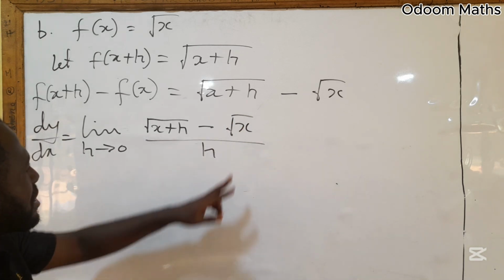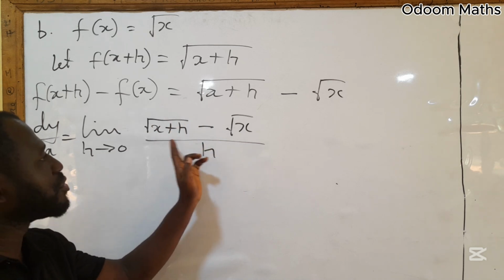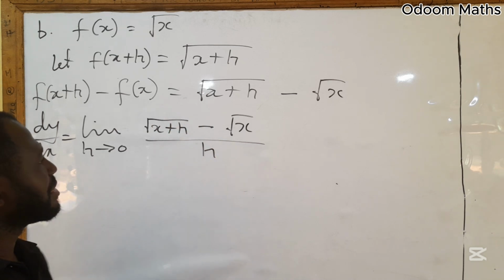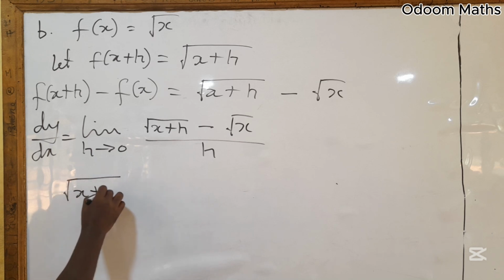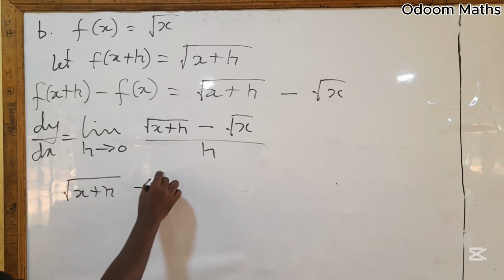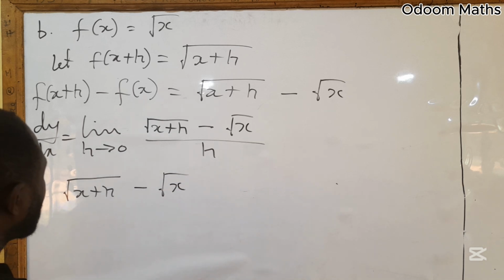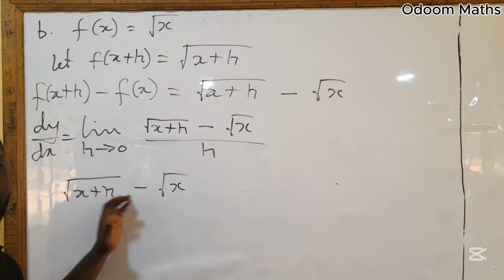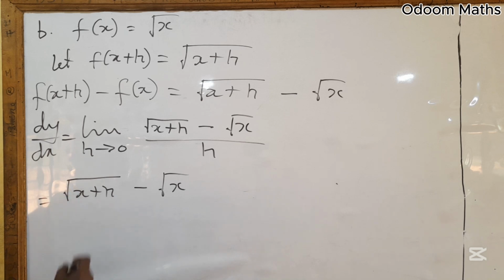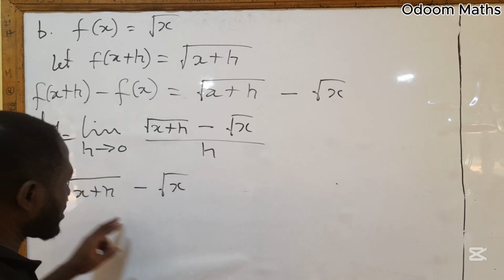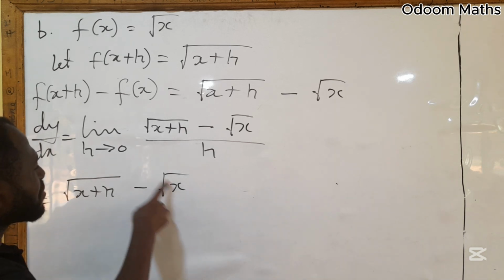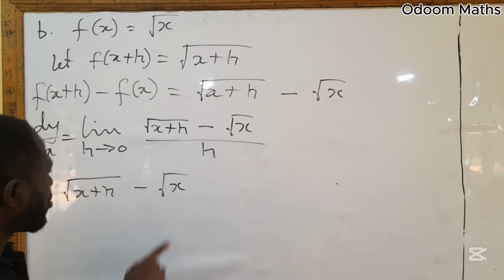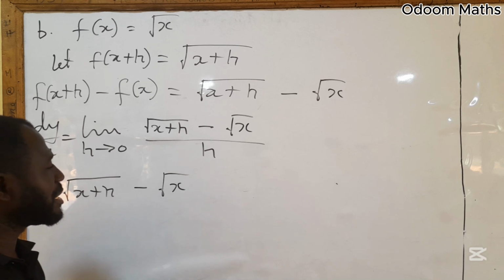Let's take the numerator and simplify it. That is root of (x + h) minus root x. In dealing with radicals, when you have something like this, all you need to do is multiply this whole thing by 1, using the conjugate.